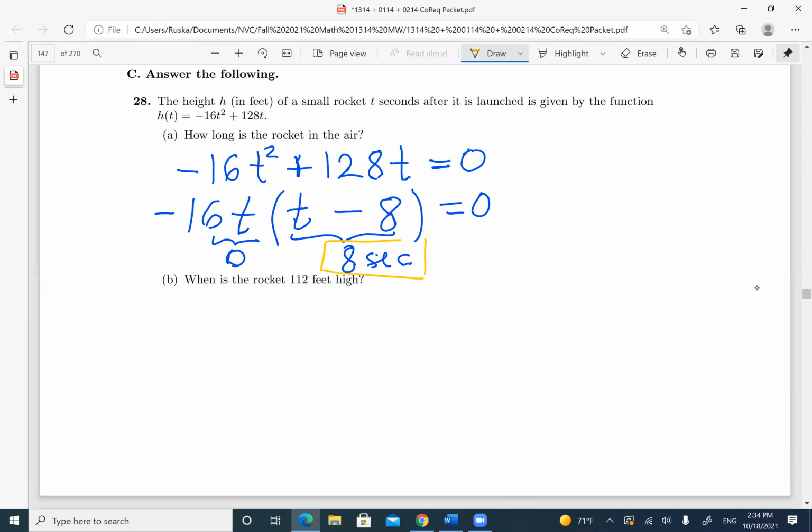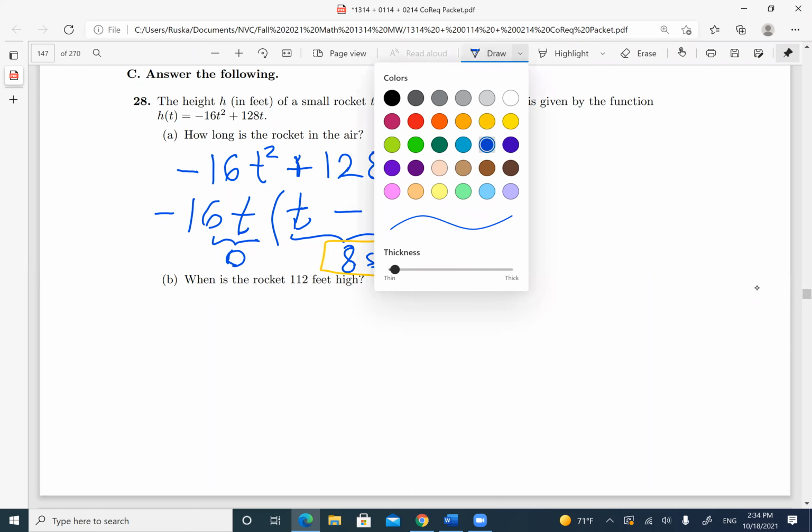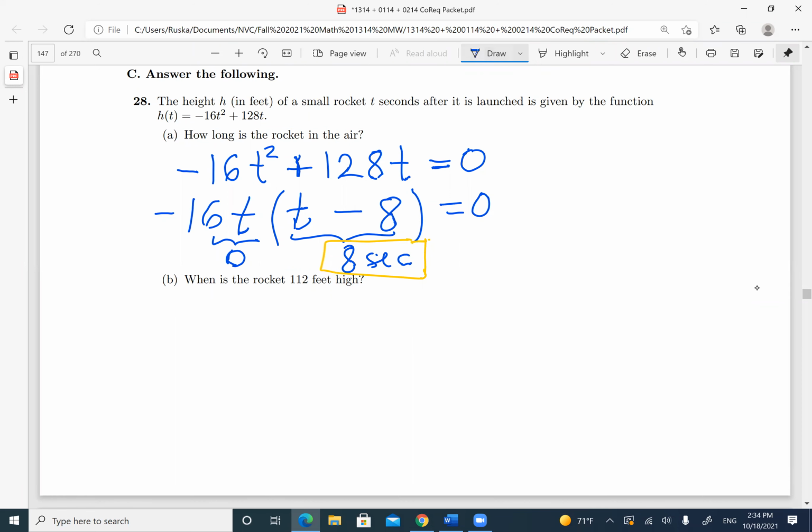Everybody understand that? So that's my answer, 8 seconds. Any questions? Do you guys have any questions here? Okay, let's do the next one. When is the rocket at 112 feet high? So what you need to do is solve that equals 112.